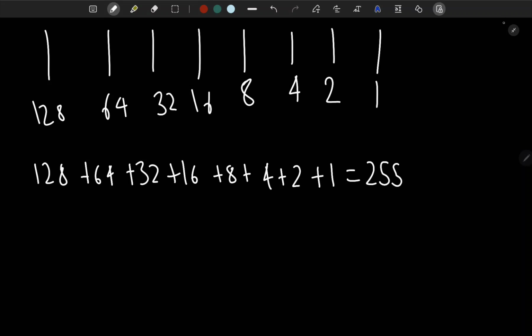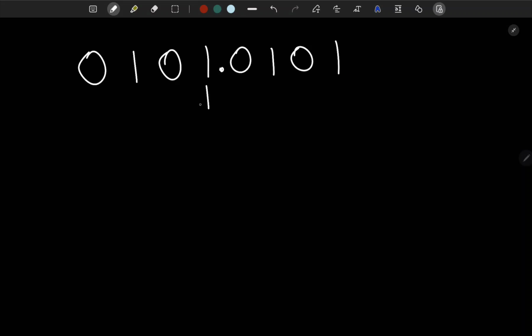255. Now what if you are given a fractional binary number? For example, 0, 1, 0, 1, and you see a dot in the middle, and then 0, 1, 0, 1. So the left hand side is the same thing. So here it's going to be 1, 2, 4, and 8.